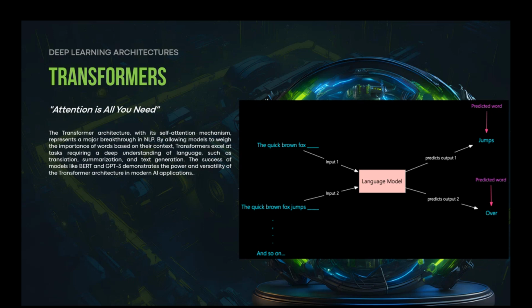For example, on the right side I have given an example. Let's say you have an input example, the quick brown fox. There can be multiple words that follow, but based on the training, it figured out that jumps is the best possible word there. So jumps comes here. Now, when you put jumps, what should be the next best possible word? So the attention is what we're talking about.